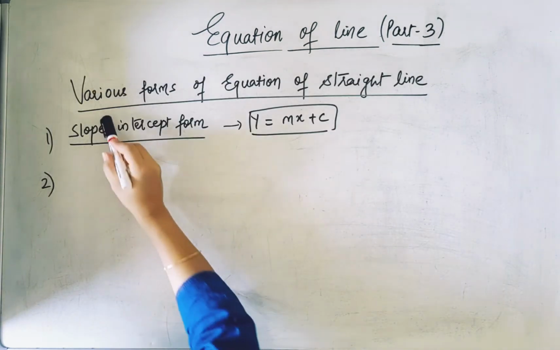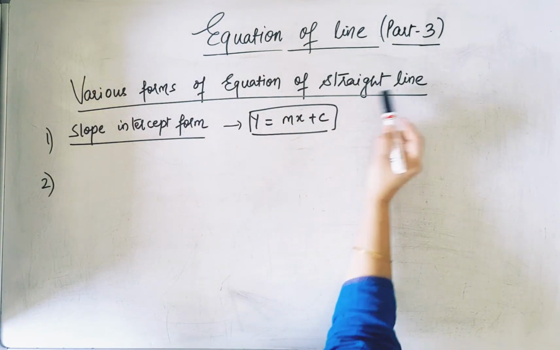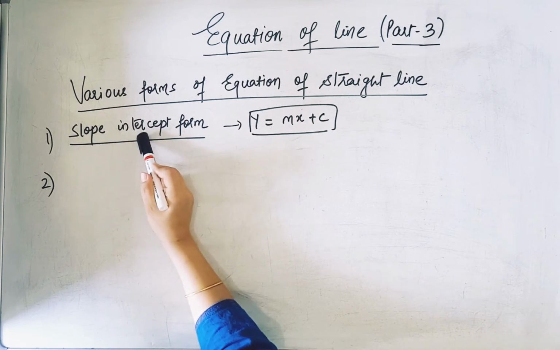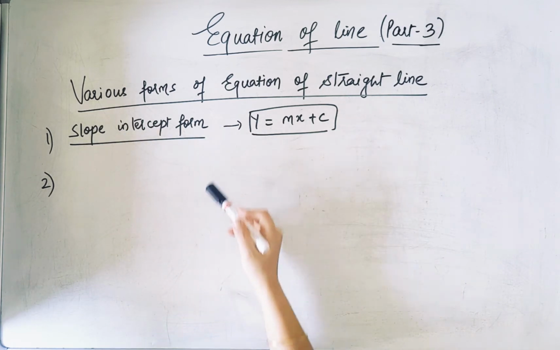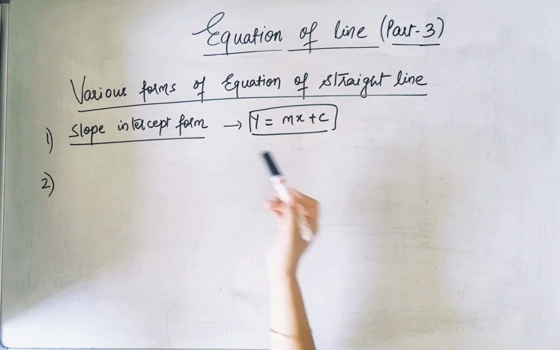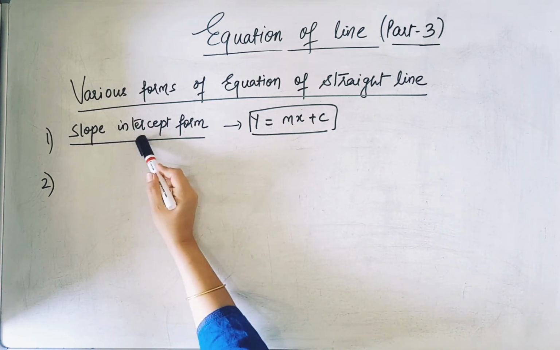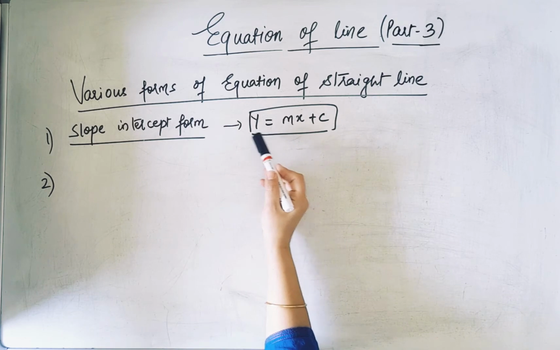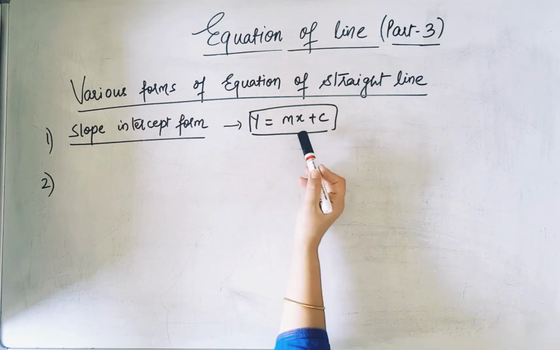So these are various forms of equation of line. We have already studied slope intercept form. What type of question comes? They say find equation of a line if we are provided with slope and intercept. So we have to convert that into the form of equation.